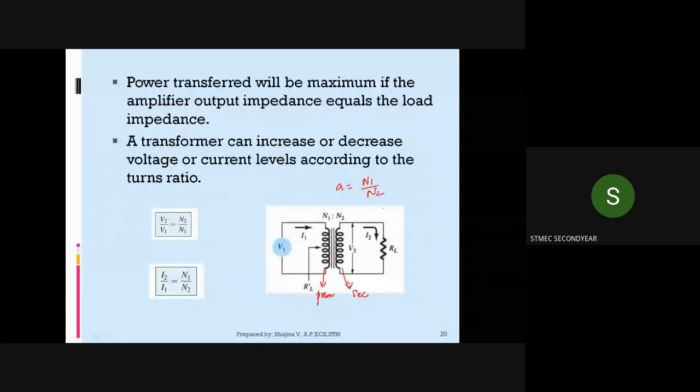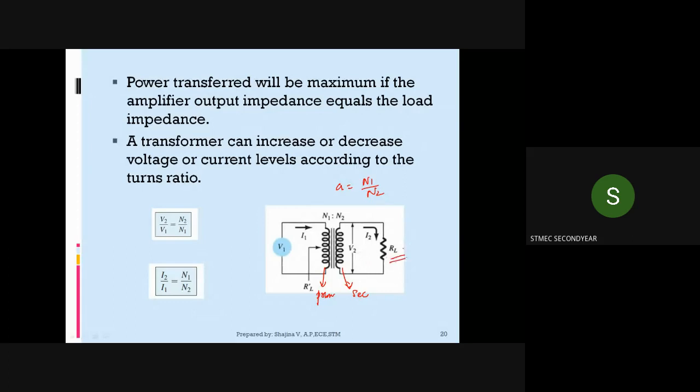Let V1 be the voltage at the primary terminal and V2 the voltage at the secondary terminal. I1 is the current flowing through the primary winding and I2 through the secondary winding. Also consider the impedance: here RL is the load impedance.